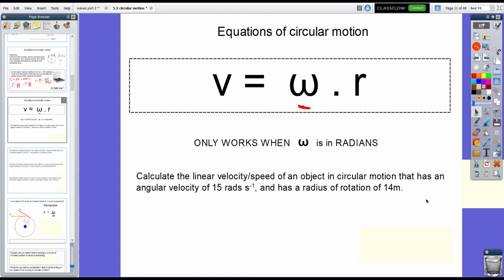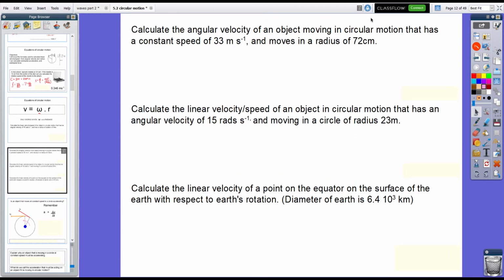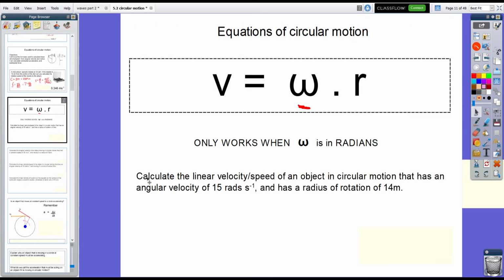So let's put it into effect in this formula down here. V equals omega r. Calculate the linear velocity, the speed, of an object in circular motion with an angular velocity of 15 rad per second and a radius of 14. Well, 15 divided by 2 pi equals 2.38.